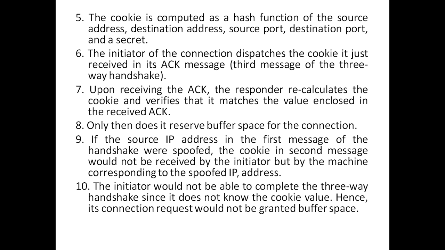The initiator would not be able to complete the three-way handshake since it does not know the cookie value. Hence, its connection request would not be granted buffer space. So this is exactly how preventive measures are taken at the host side so as to avoid this synchronization packet attack.